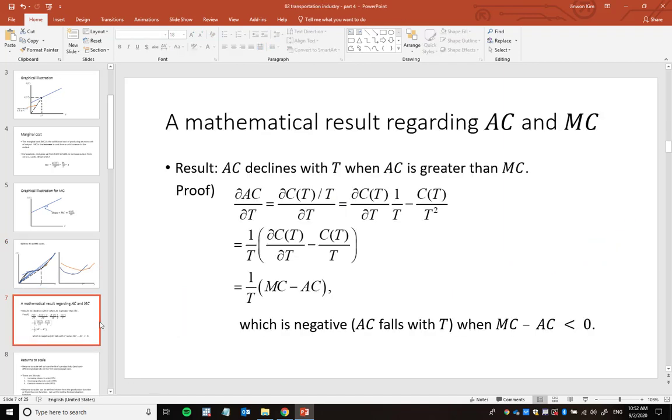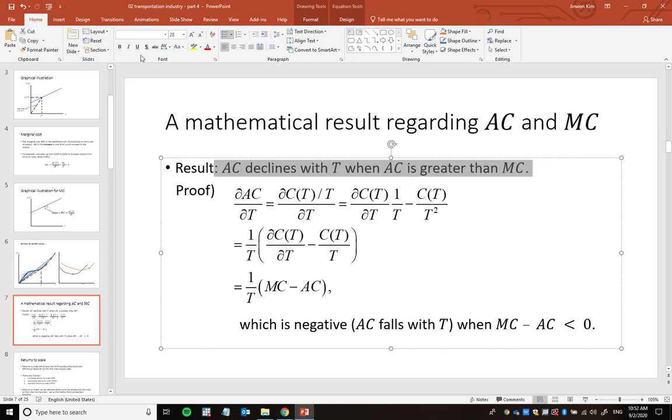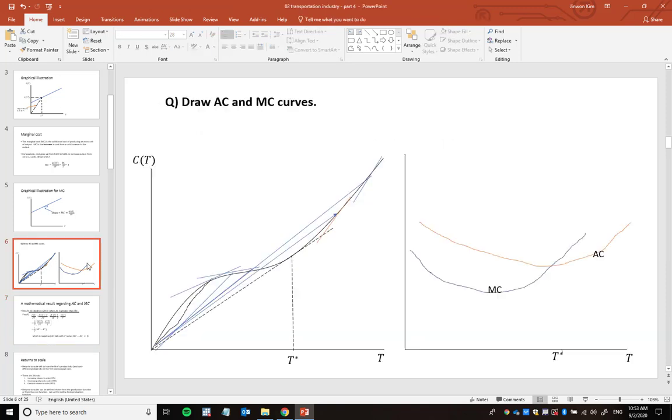This result can be derived using this mathematical result, which you can see, and then try to write down what we're doing, and then you can understand what it is. But rather than this derivation, try to remember this result. Average cost is declining when average cost is larger than MC, and average cost is going up when marginal cost is actually larger than AC.